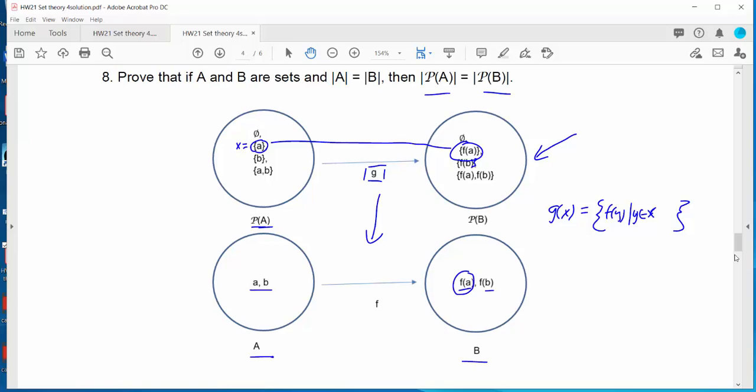And that works if we think of X equals the set AB.